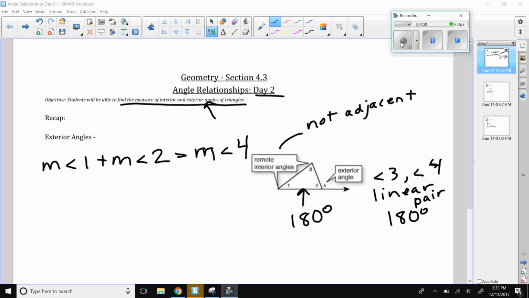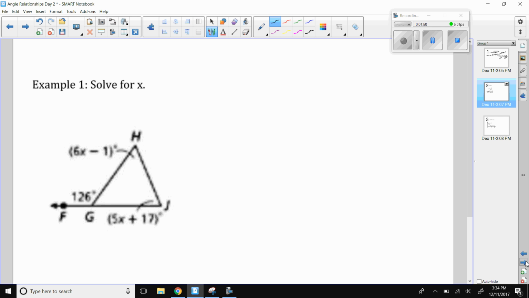Today we're going to have some of our angles be a little bit more involved and intense than the ones we looked at before. So let's look at example 1. In example 1, you're looking at solving for x.